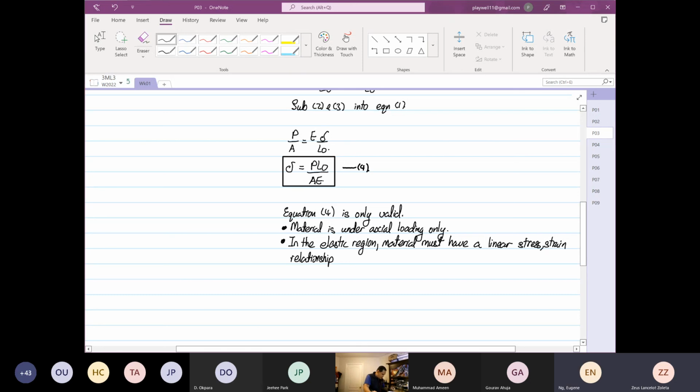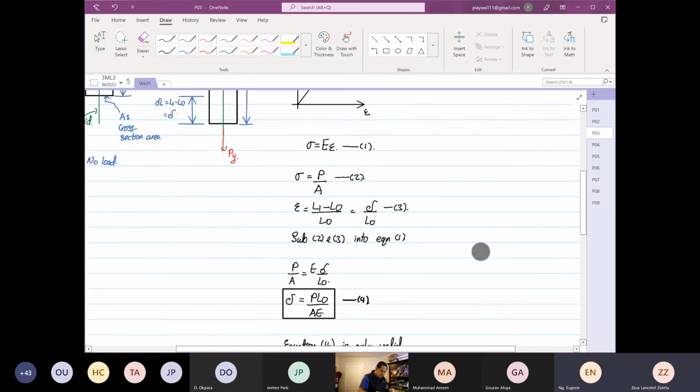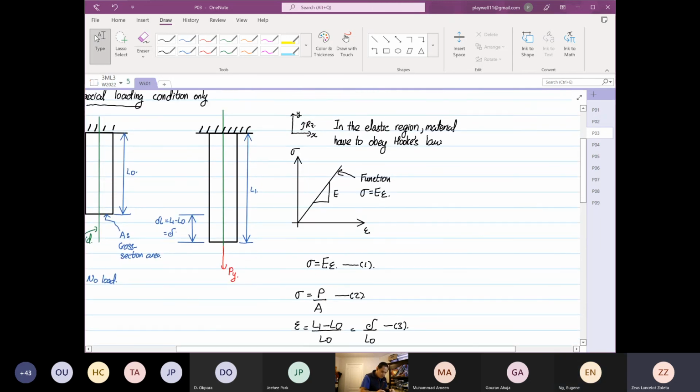Okay, stress strain relationship. So why is that? Because we have to apply what? We have to apply Hooke's law. And if you look at Hooke's law, stress and strain has a what? Has a linear relationship. Okay.